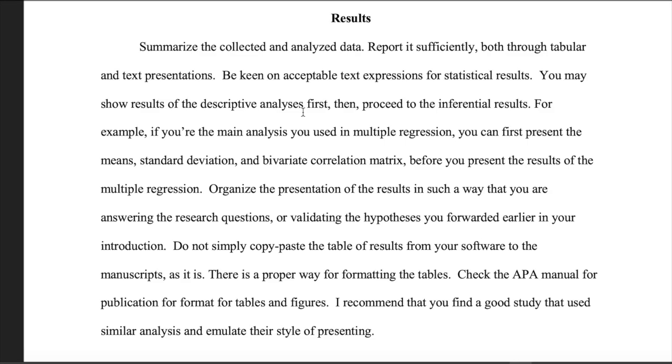What you should avoid, however, is that sometimes students have the tendency to present statistics about the demographics, age, percentage of males and females. You don't have to put that in the results section. That should be placed in the description of the participants. Okay.